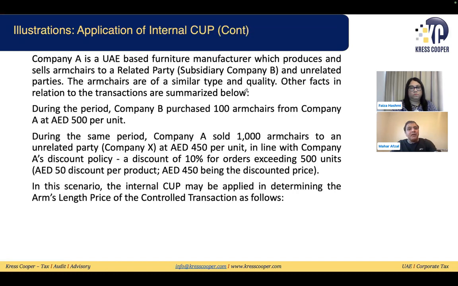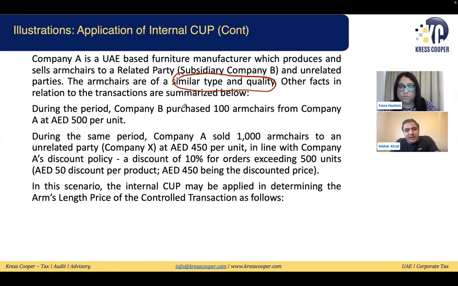There is one more example: Company A is a UAE-based furniture manufacturer which produces and sells armchairs to a related party, B, and to an unrelated party. The armchairs are of similar type and quantity. This is very important: under similar circumstances, same quantity, same type, principally the price should be the same as well.